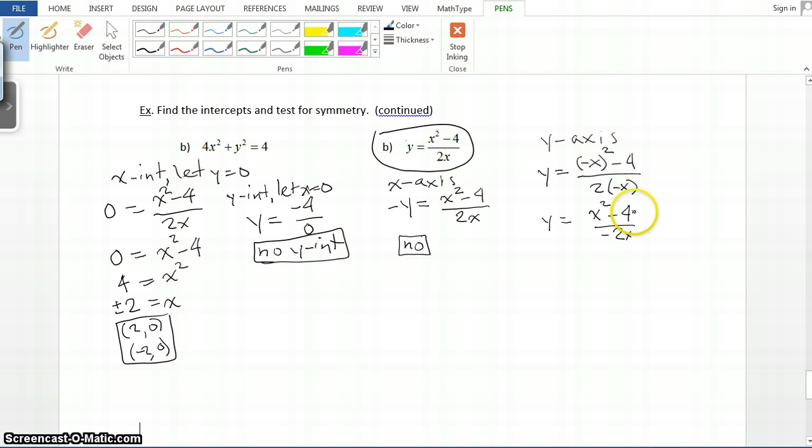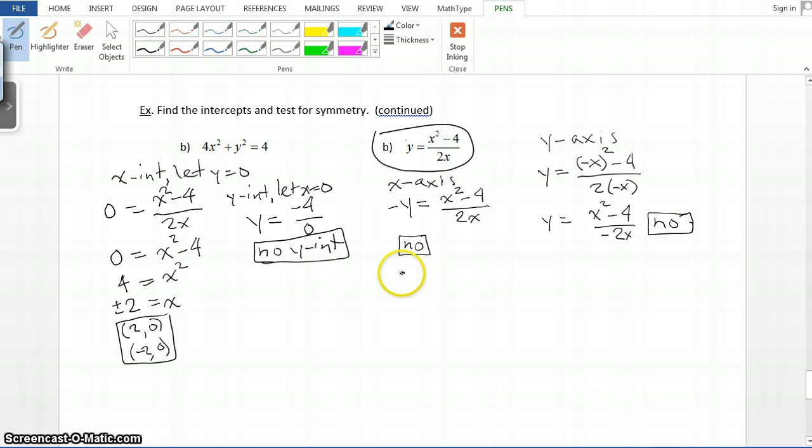Alright, I've simplified all that I can. The other thing I can do is bring that up in the numerator, and it would switch around to 4 minus x squared. Either way that you do that, this is not equivalent to that. Again, this is the opposite of what I started with. So this does not have y-axis symmetry either. For y-axis that was a no. For x-axis symmetry that was a no.